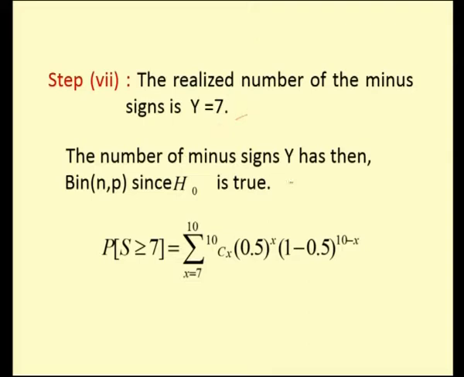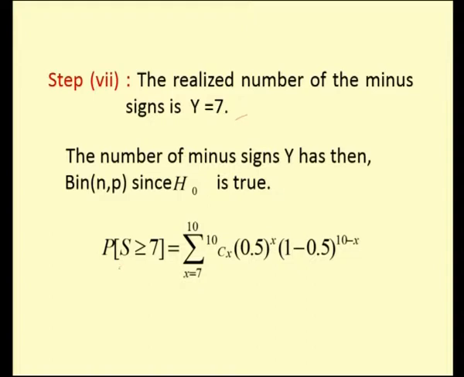The number of minus signs y has a binomial distribution with parameters n and p, since your H naught is true. What is your H naught? H naught is that the median value is equal to 1.8.